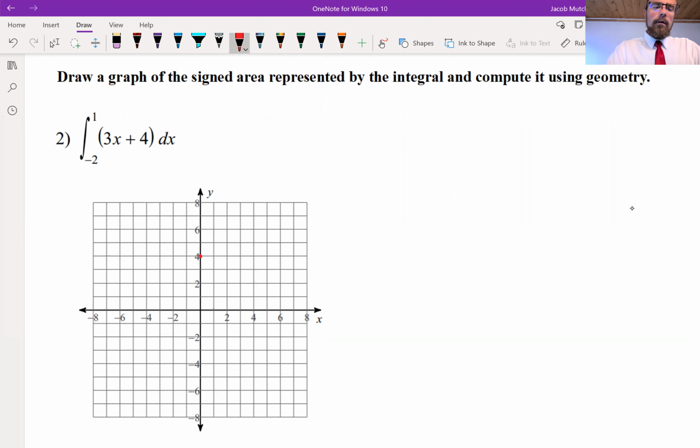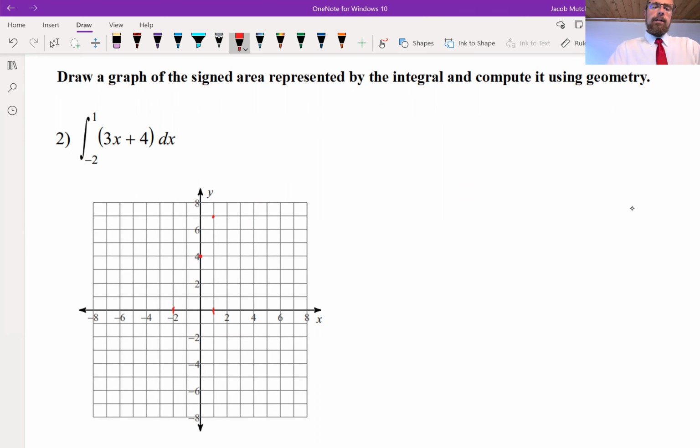Again, I only want to extend this graph from -2 to 1, however you want to look at it. So let's plot our second point using that slope of 3. I'm going to rise up 3 from the y-intercept 4, so that takes me to 7, and then I run 1. And that takes me to that right limit of the x interval.